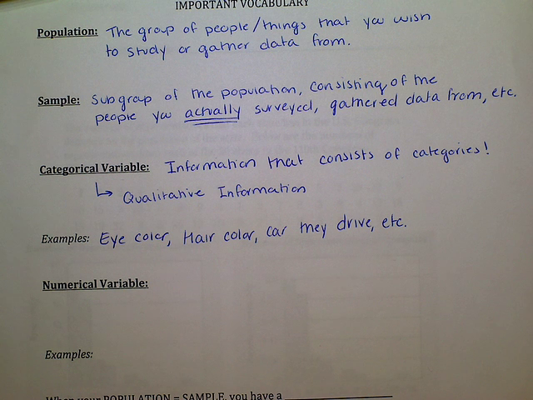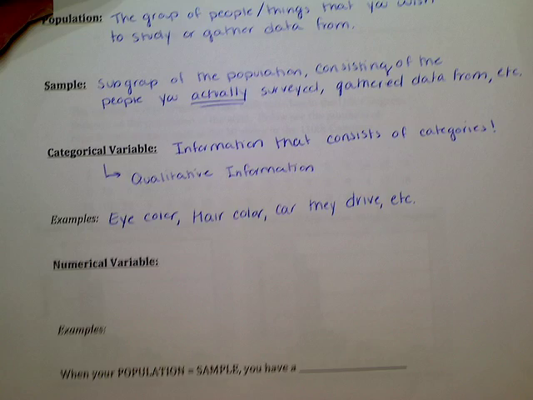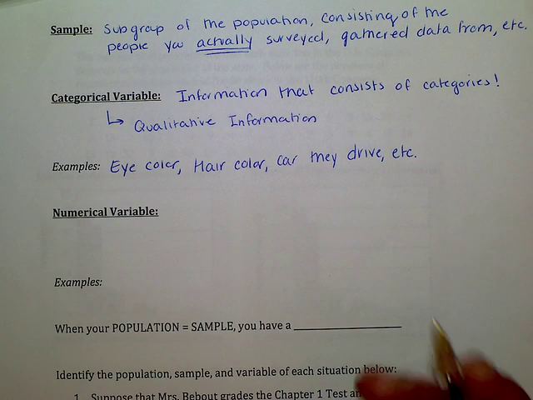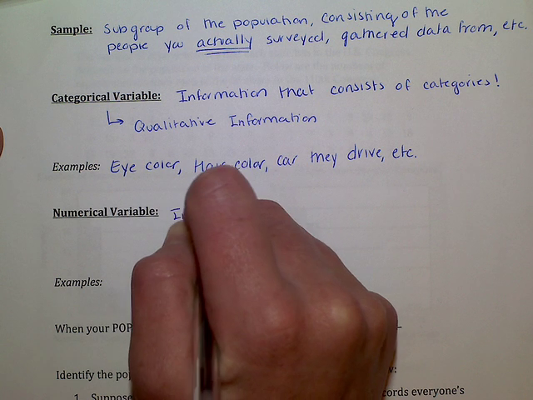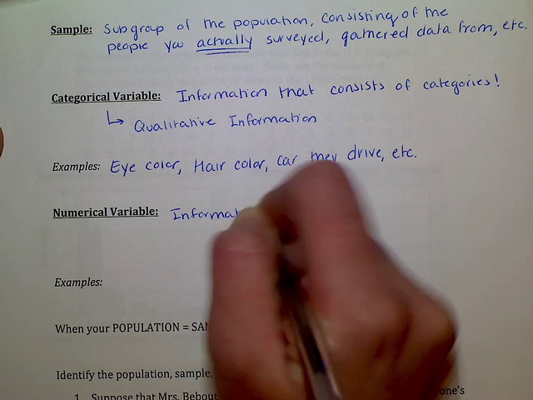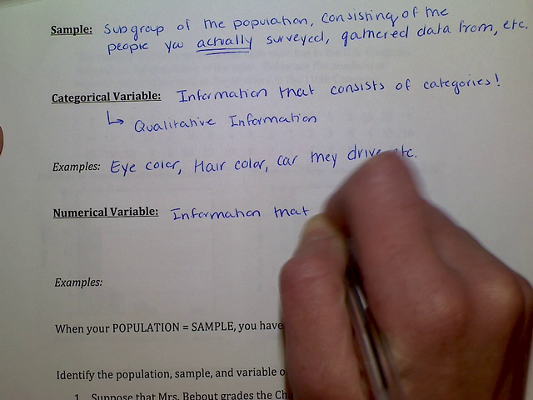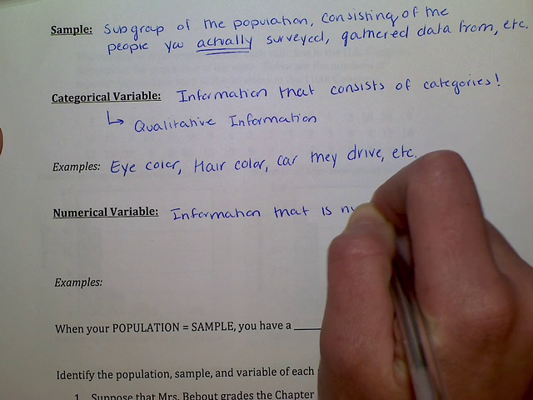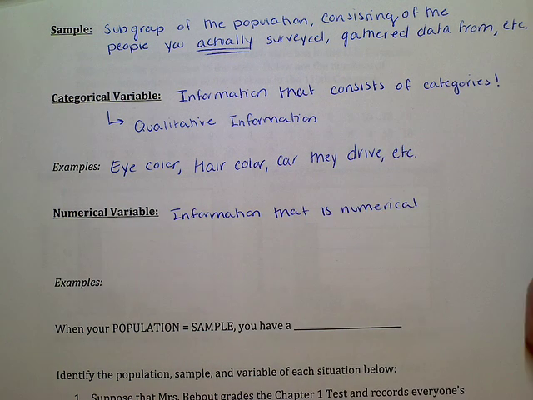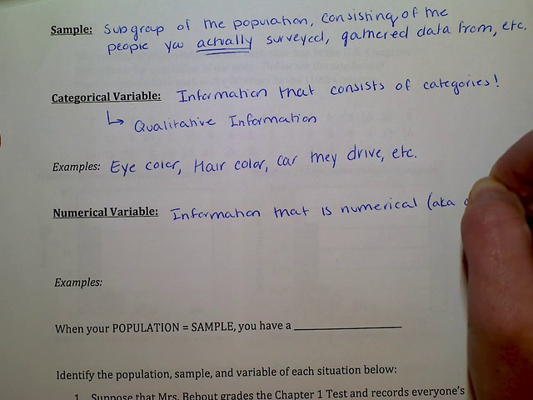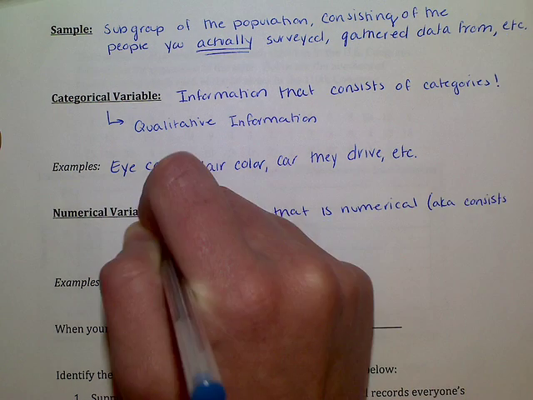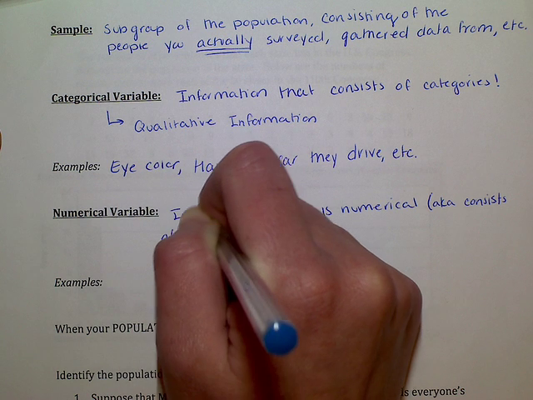Okay, so numerical information, or numerical variables, well, again, kind of describes itself. Information that is numerical. I know I'm using the word to define the word. So, aka consists of numbers.